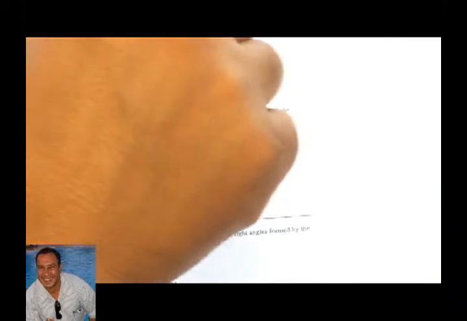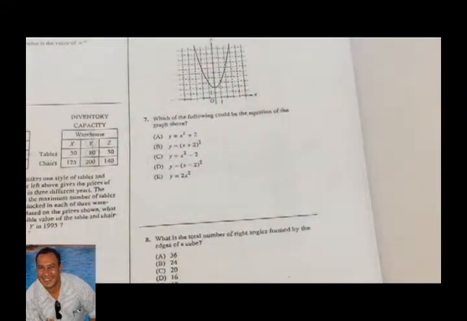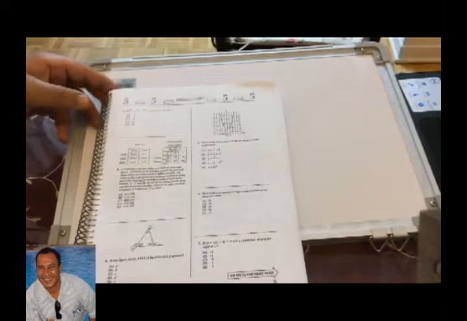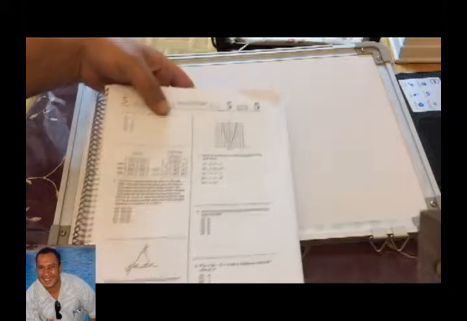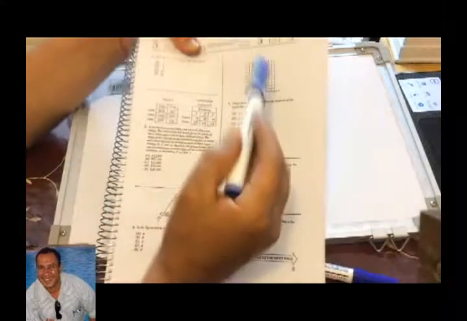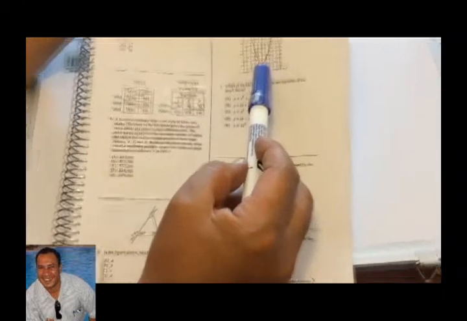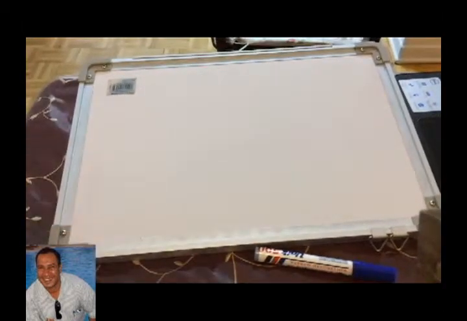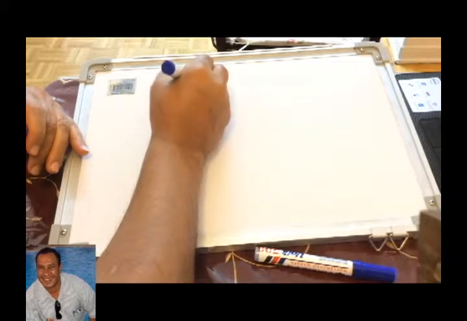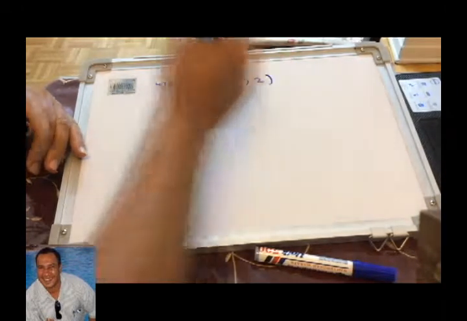As you know, this graph is the graph of a quadratic function, and you have to know how to find the equation of a quadratic function or a parabola from the figure. As you can see, the vertex of this parabola is (0, 2).